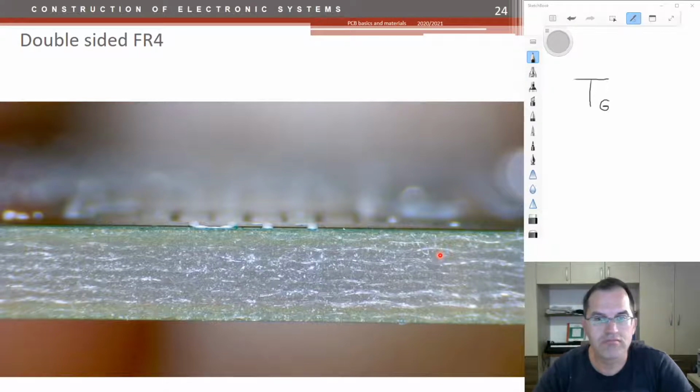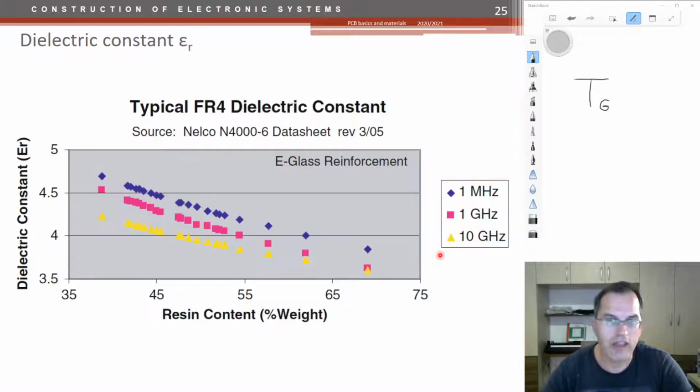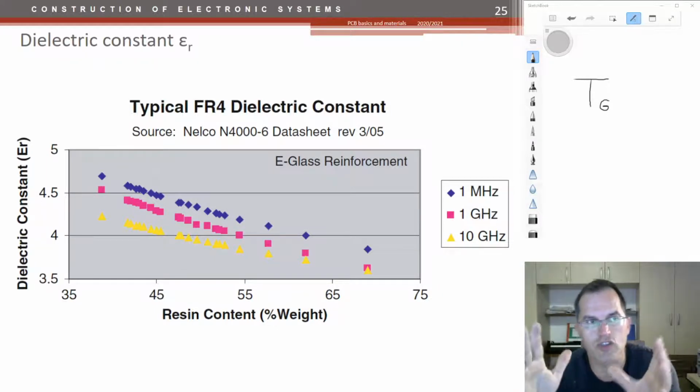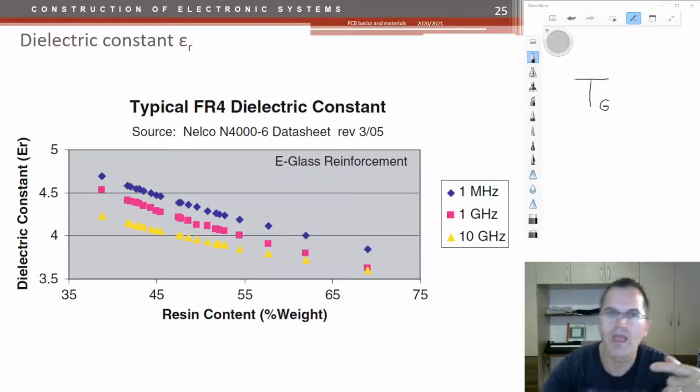Let's go a little bit into detail here. The dielectric constant, or the so-called electrical permittivity, well, it's not constant. I said it's between 4 and 5, but it depends on the resin content, what is the percentage of the epoxy resin with respect to the glass fiber, and of course the frequency.